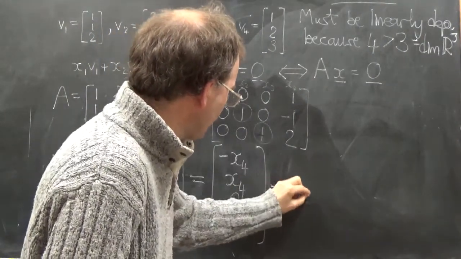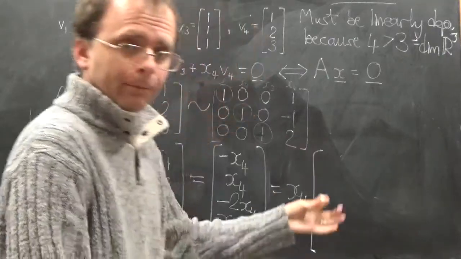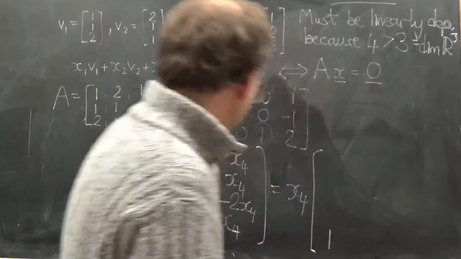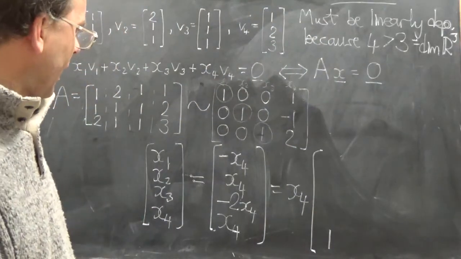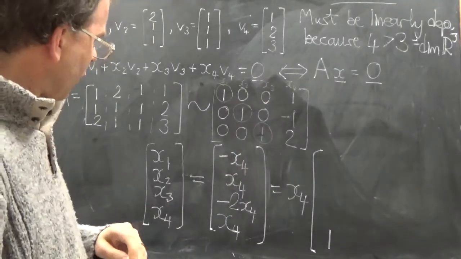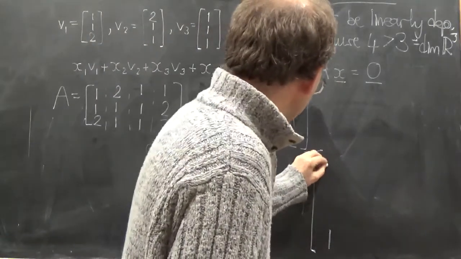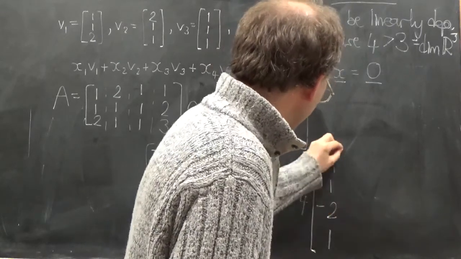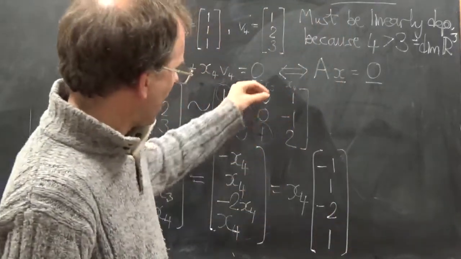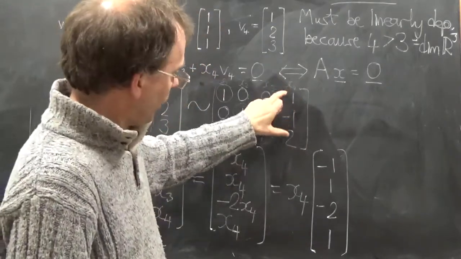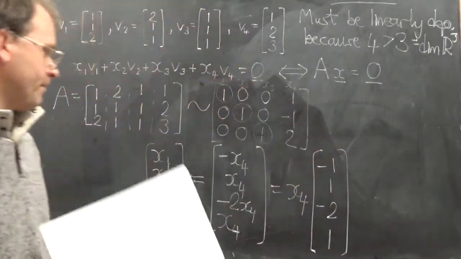So that's x4, which I could have called lambda or something, times the vector with a 1 in the fourth position, and in the other three positions corresponding to the dependent variables we get the entries minus 1, 1, minus 2. And you can see how they came out to be minus the numbers that we see in this column in these positions here.